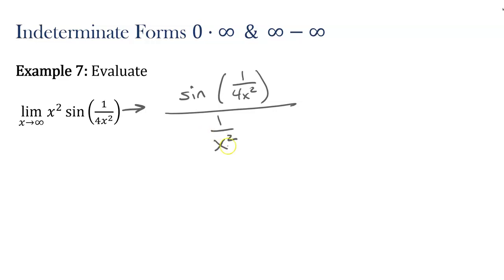So we divide by the reciprocal. We rewrite it. And does that work? Can we now apply L'Hopital? Well, let's see. 1 over x squared as x goes to infinity is going to give me 0. And sine, well, didn't we just say that that was going to give me infinity? So, as x goes to infinity, yeah.